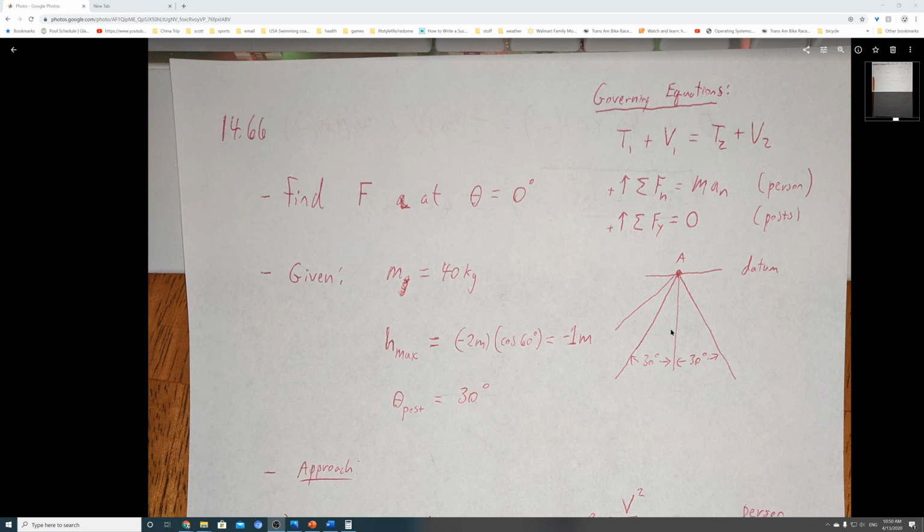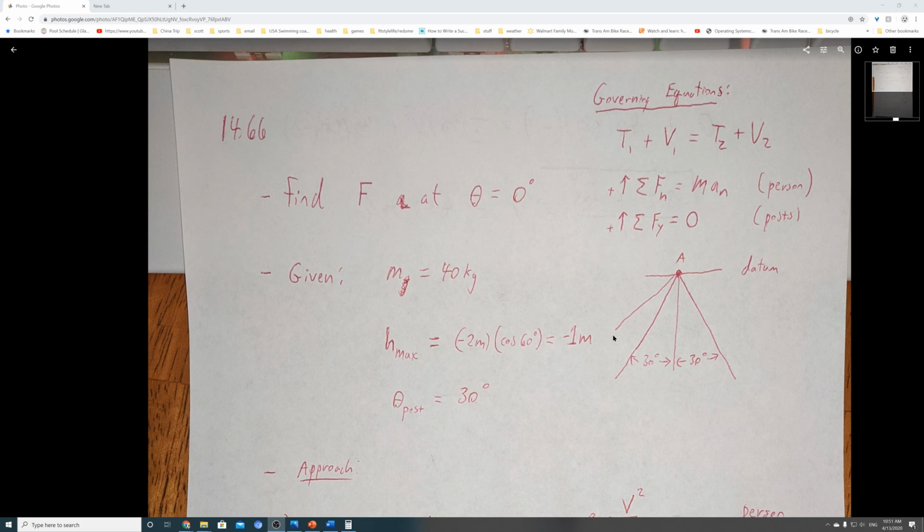The swing is going back and forth here. Here's a post, and here's another post. We can figure that out very easily: here's the 60-degree angle between this line, which represents the girl swinging. We just want to find the vertical component of that. Since the angle's right in here, that's the adjacent side, which is the cosine.